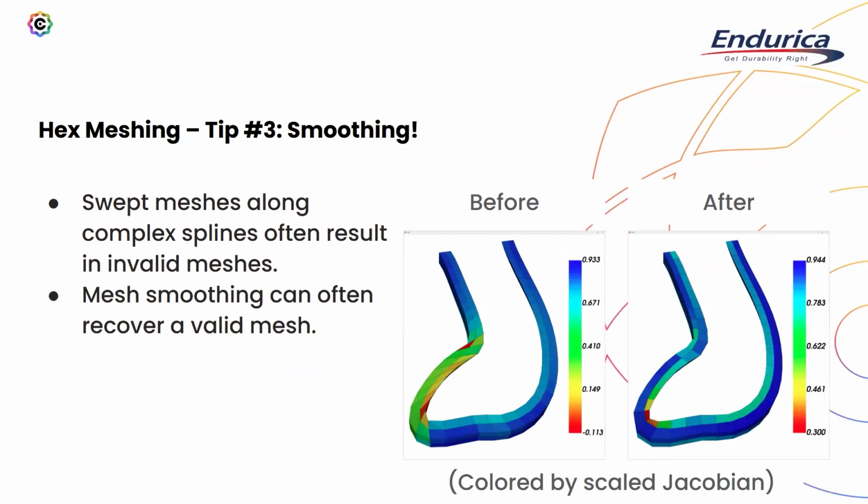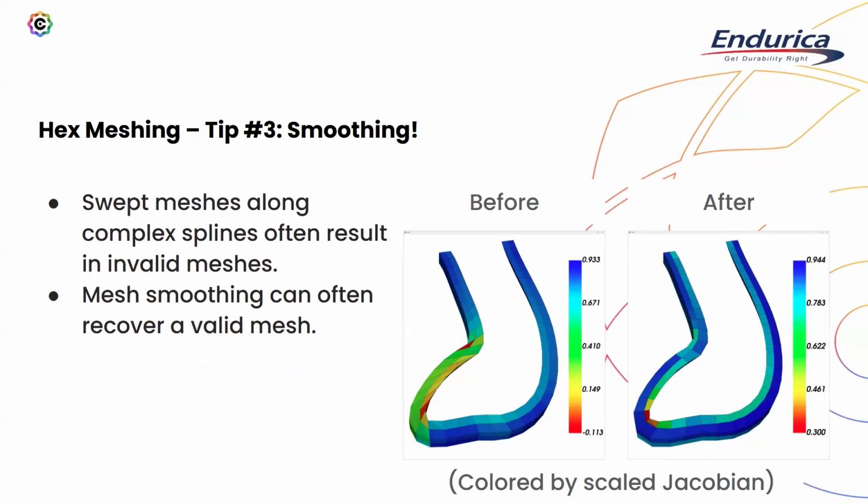The third tip is to consider smoothing. So especially in this case where we have this complex spline that we're then trying to sweep a hex mesh across, splines are really challenging. They oftentimes have different, they're parameterized separately from each other. And so initial meshes, as you can see here in the before image, oftentimes will actually be invalid.